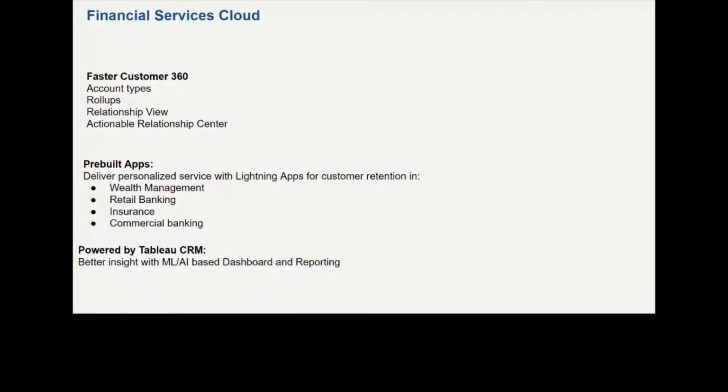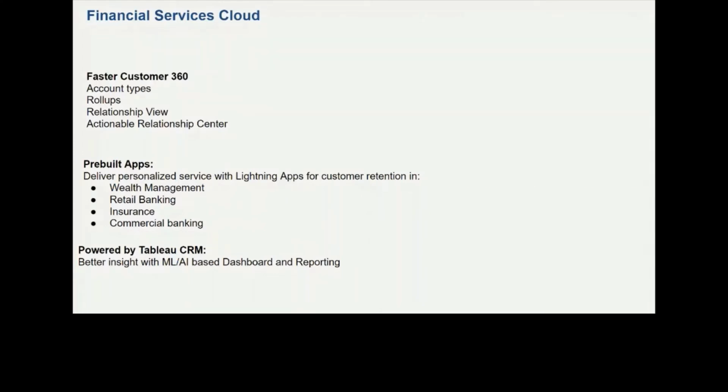Okay, we will see that in a few minutes, what exactly it is. But in a single term, it is the roll-up summary of various objects related to that particular account or financial account. It has a view for the relationship manager, which I just mentioned earlier, that is part of the customer 360 degree view: one individual, how he or she is related to one business or another individual.